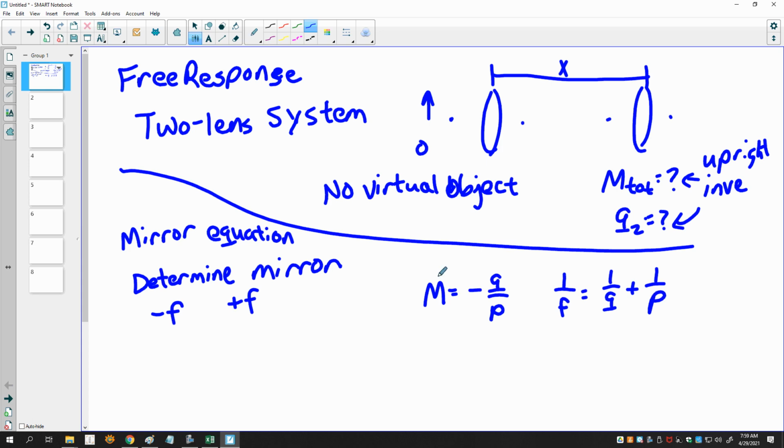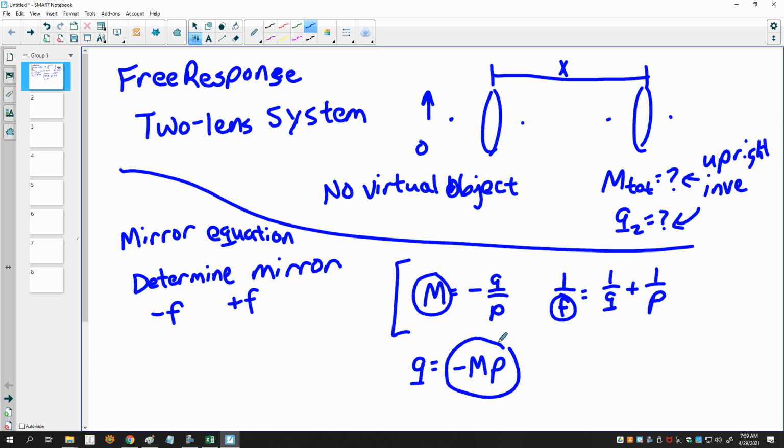Probably those 2 unknowns are going to be m and f, which means that you'll have to solve this system of equations by solving one of the equations, this one, for one of the variables, say for example q is equal to negative mp, and then putting this into this equation. Maybe not necessarily solving that for q, but that's the process that you go through: you solve the magnification equation for one of the variables and then you plug that into the other equation.